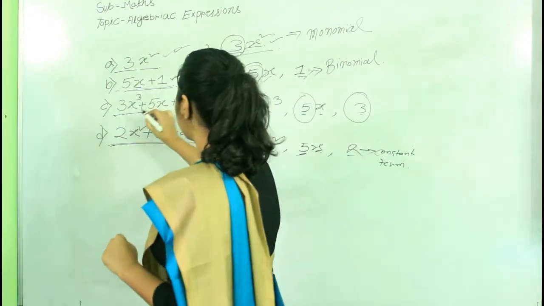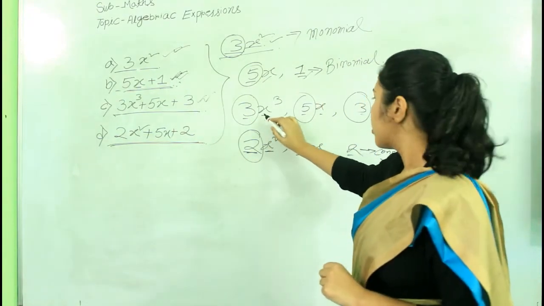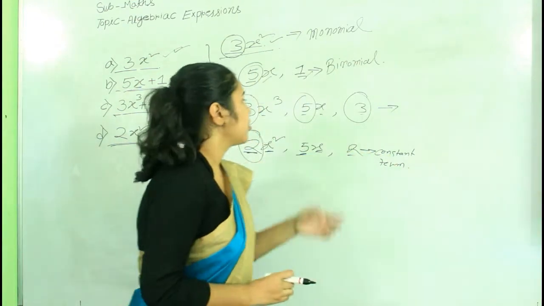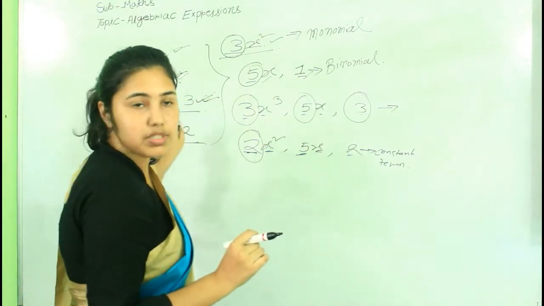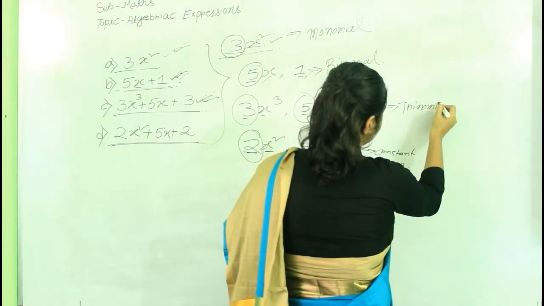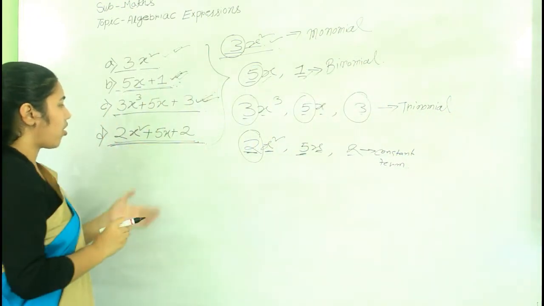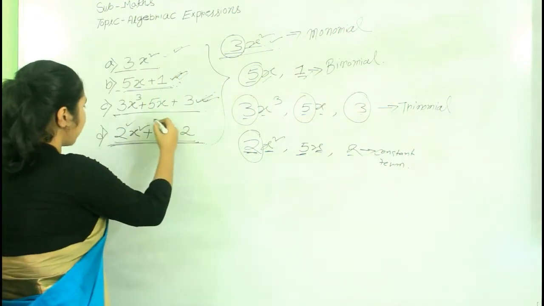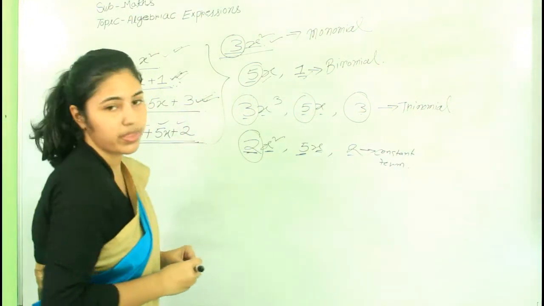Next, this expression has three terms, right? 1, 2, 3. Those expressions which have three terms are known as trinomials. Next, you can also call this expression a trinomial because here also we have three terms, 2x square, 5x and 2.